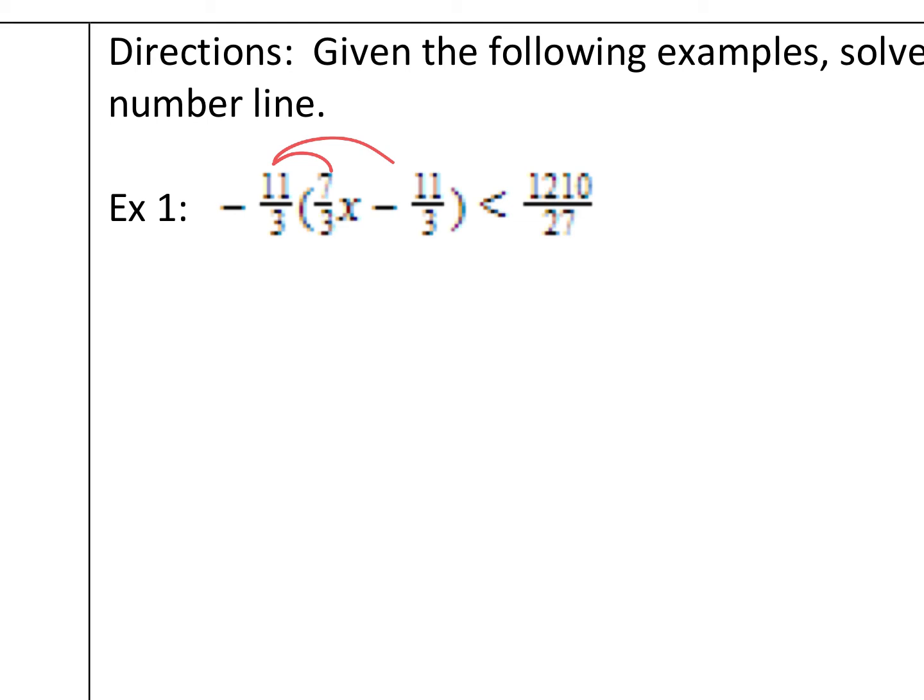So the first thing I'm going to do is that negative 11/3 times 7/3, okay? So I'm going to type that in my calculator. So to do that, I'm going to hit negative 11 ABC 3 times 7 ABC 3. And you should, if you have one of my calculators, you should get a mixed number. It should say negative 8 5/9, okay? I don't want that.